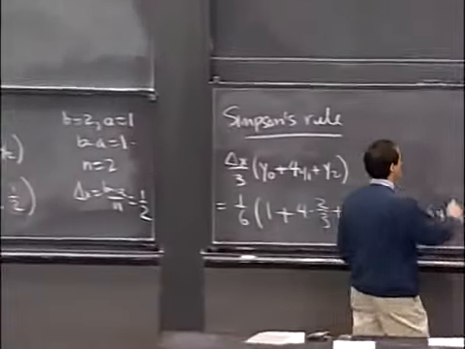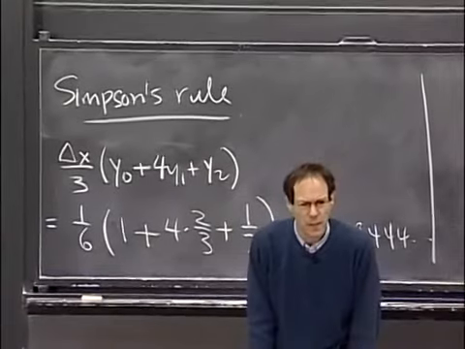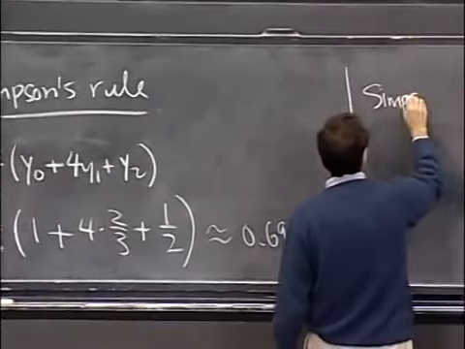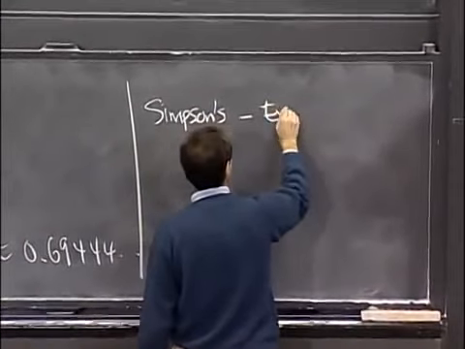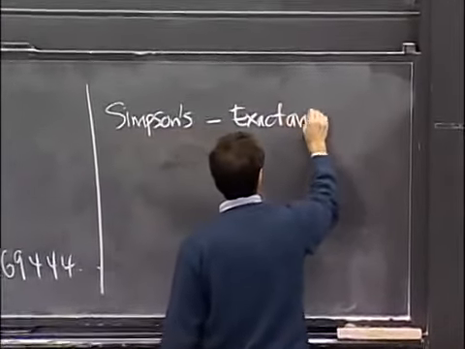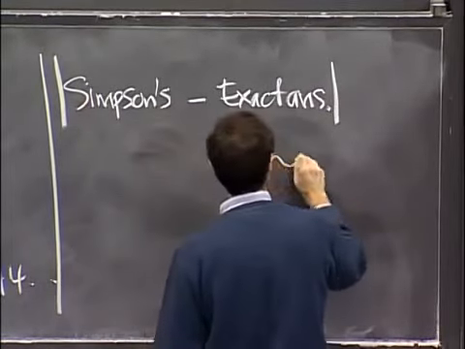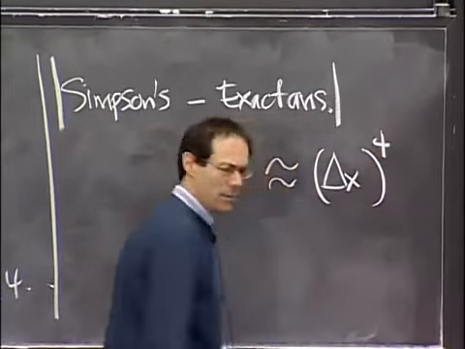Now, what's going on with Simpson's rule in general is this. Simpson's minus the exact answer, in absolute value, is approximately of the size of delta x to the 4th power.